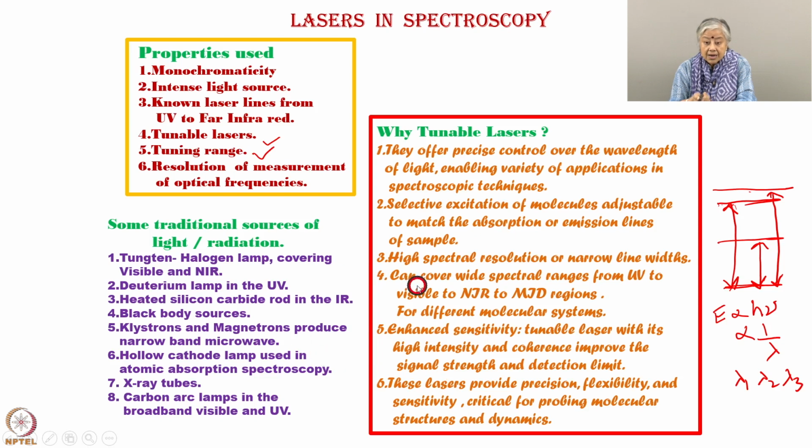Then high spectral resolution or narrow line widths. Here what it means is the monochromaticity, the monochromatic properties of the laser. So if it is giving just one wavelength, say only lambda 1, like a delta function, that is what you are looking for. In the ideal case, it is never a delta function, you will always have a width like this.